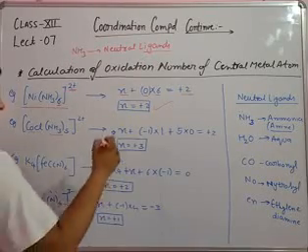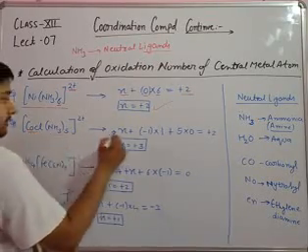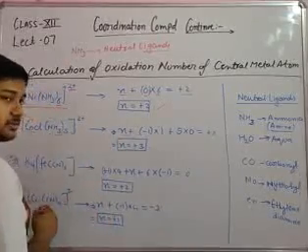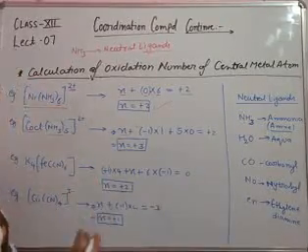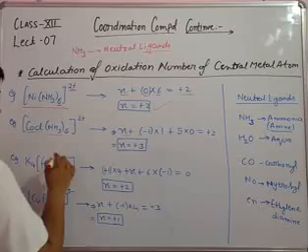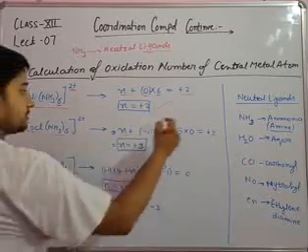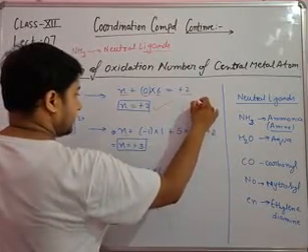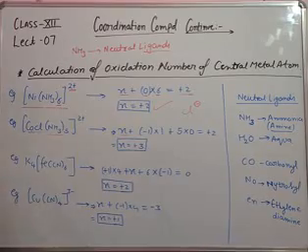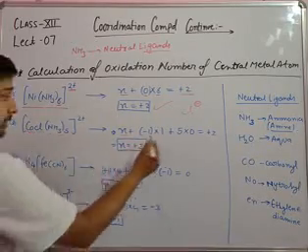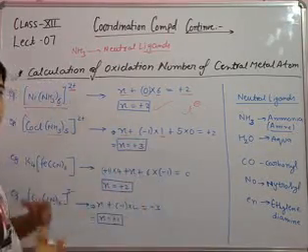Now we suppose the oxidation number of cobalt is X. The charge on the Cl is -1, so -1 into 1, which comes from the number of ligands.